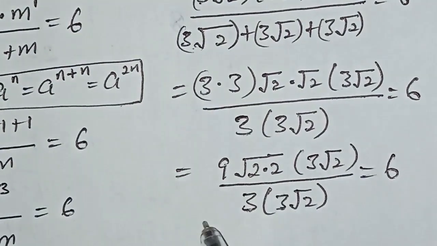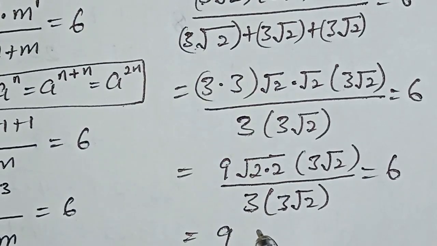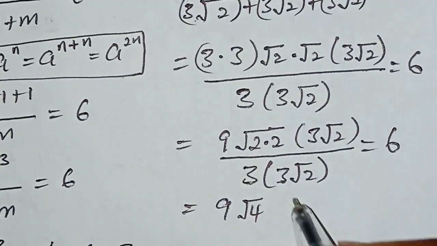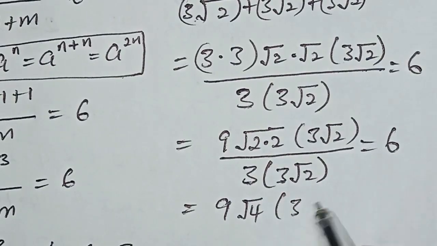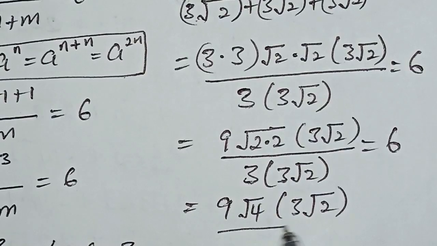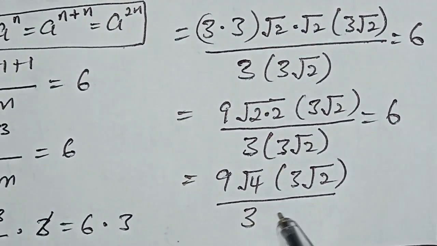Then this will be given as equal to 9 multiplied by 2, and then we have into bracket 3 square root 2 all over 3.